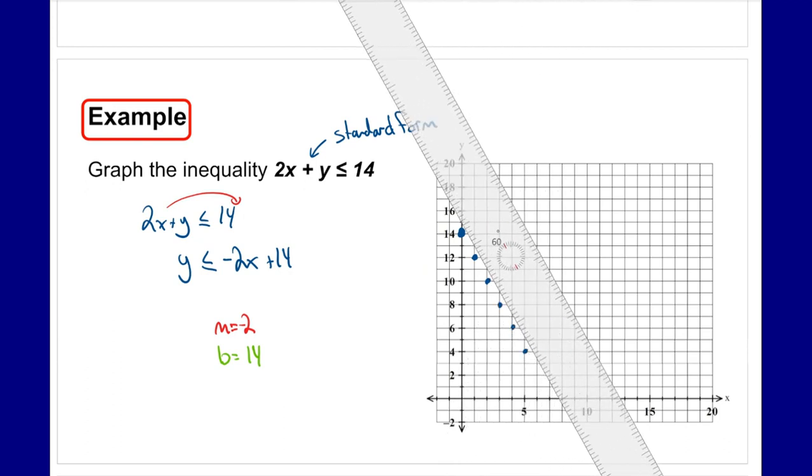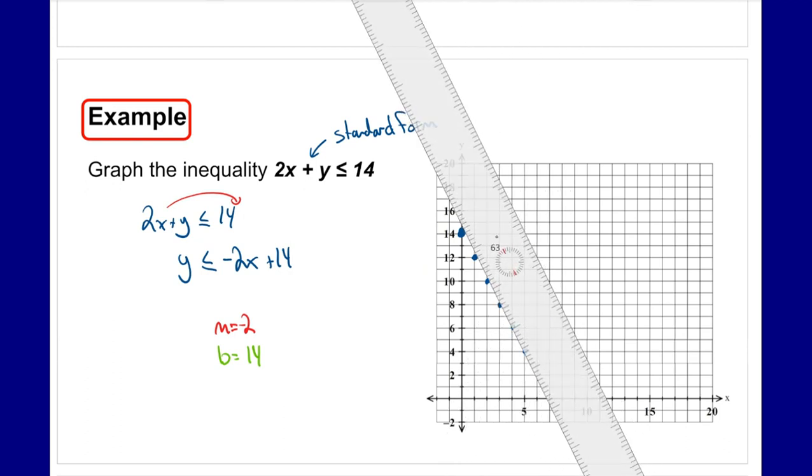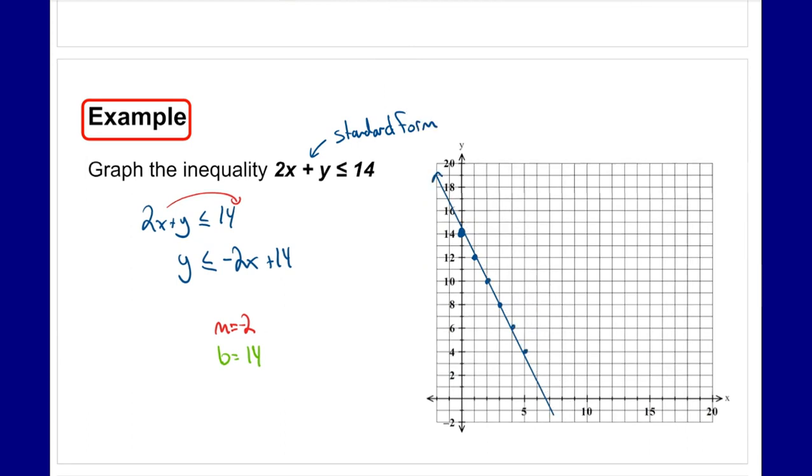I've drawn at least my 3 points so that I can go through now and just draw a line or connect them. Put arrows. So this line right here is just y equals negative 2x plus 14. So that's what we would be doing if we were just drawing the line. We don't want to just draw the line though, we want to include the inequality.